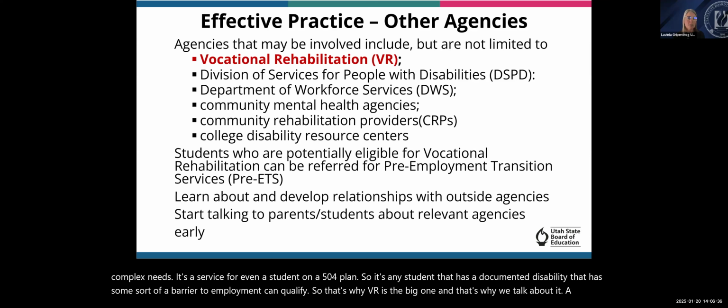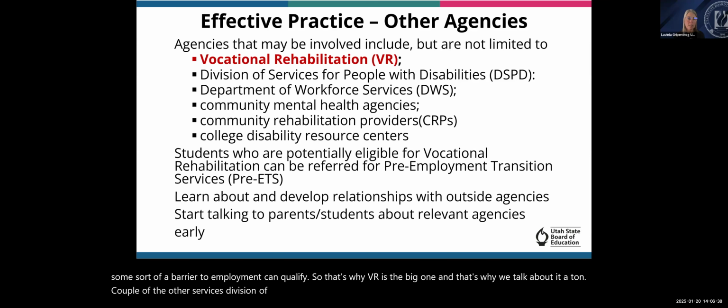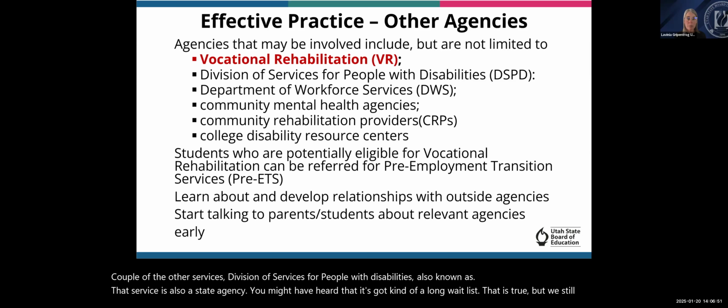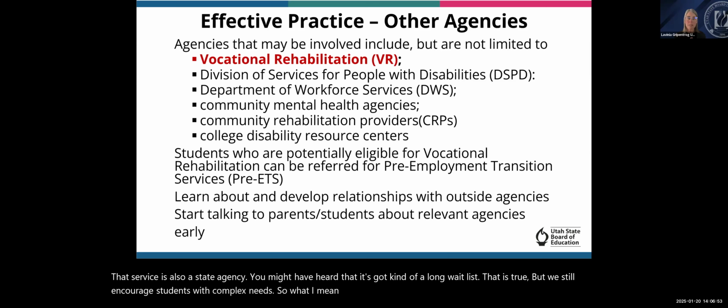A couple of the other services: Division of Services for People with Disabilities, also known as DSPD. That service is also a state agency. You might have heard that it's got kind of a long wait list. That is true, but we still encourage students with complex needs. So what I mean by that is, to qualify for DSPD, you have to have a pretty significant disability.